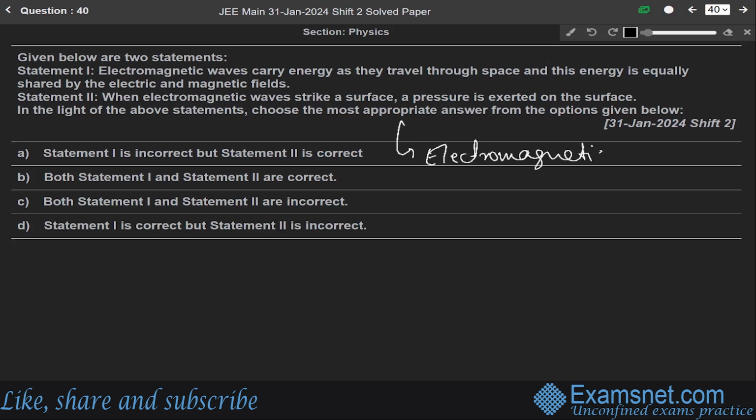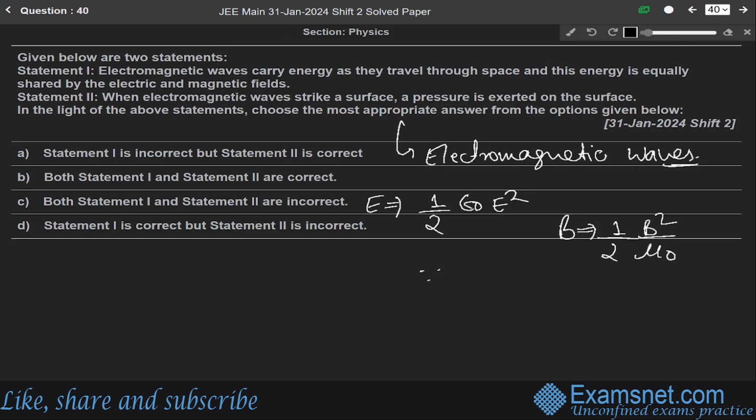This is saying that the electric and magnetic energies are equal and they exert a pressure when the electromagnetic waves strike the surface. So as we know that the electric field energy is given by 1 by 2 epsilon naught E square, and the magnetic field energy is given by 1 by 2 B square over mu naught.